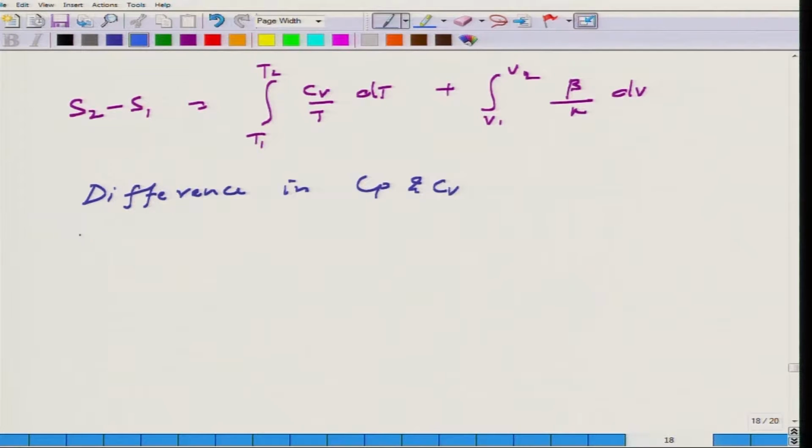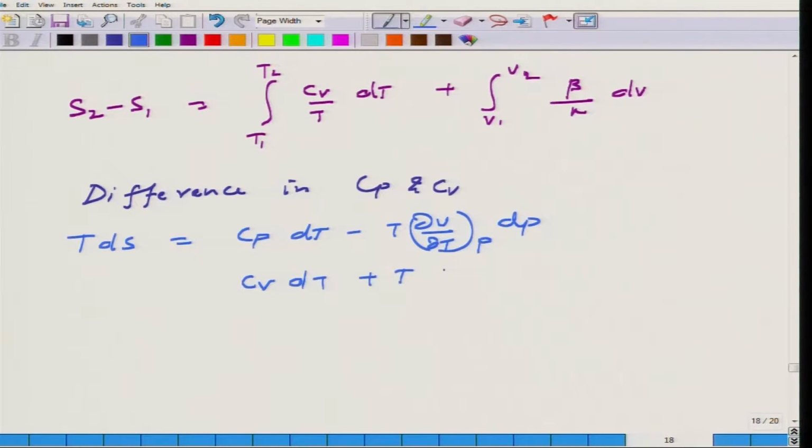Let me start with this expression of TdS, which we know can be written as Cp dT minus T (del V by del T)_P dP, and this is Cv dT plus T (dP by dT)_V multiplied by dV.